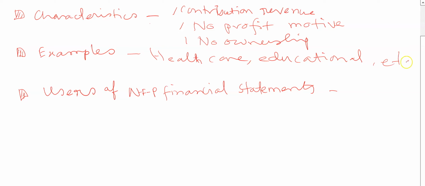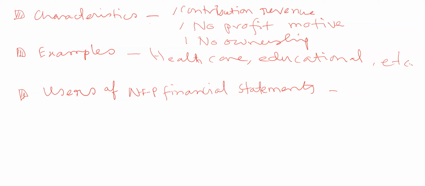religion related organizations. Now, not-for-profit organizations also need to prepare their financial statements. Although they don't make profit or they don't have any group of owners or stockholders, still they are obligated to prepare the financial statements and inform different parties.